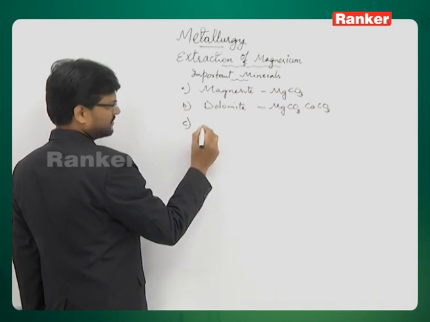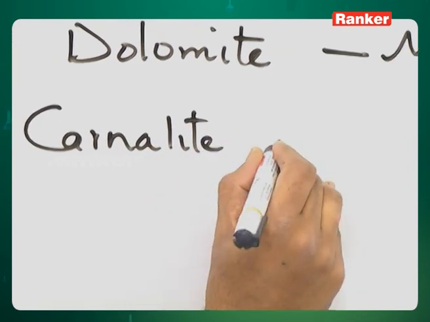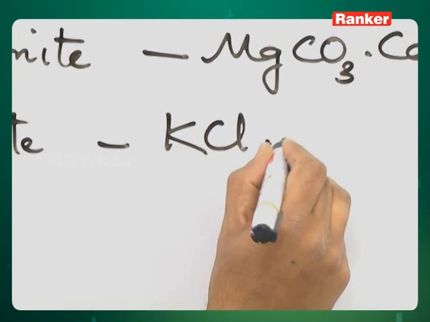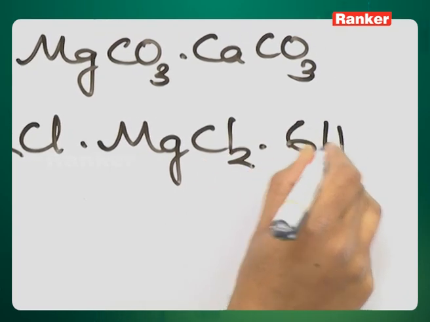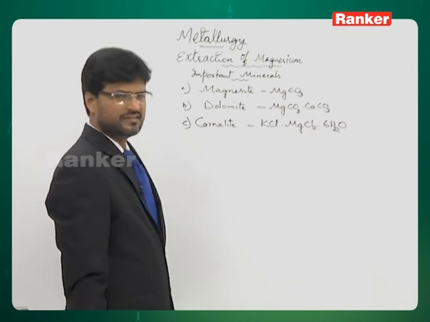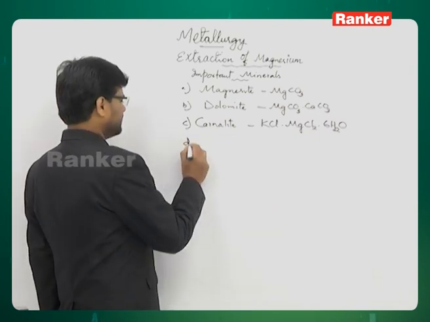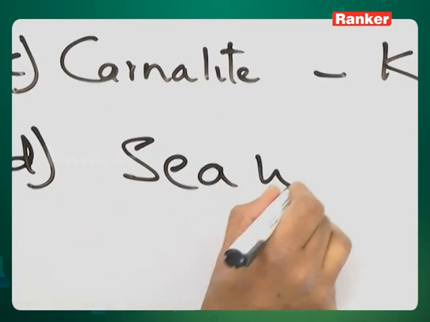C, carnallite. Carnallite is KCl.MgCl2.6H2O. It is a double salt, double chloride of potassium and magnesium. Then another important source of magnesium is seawater.